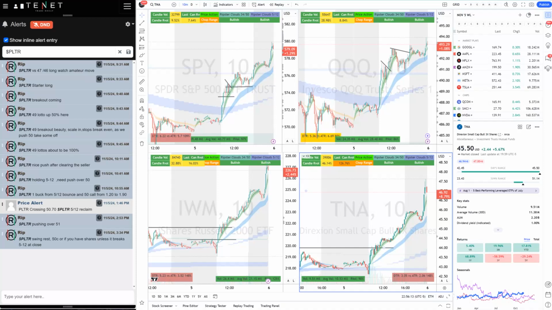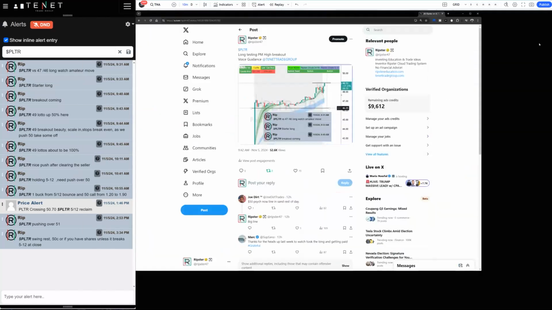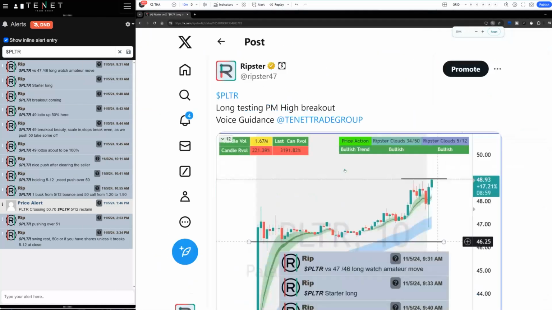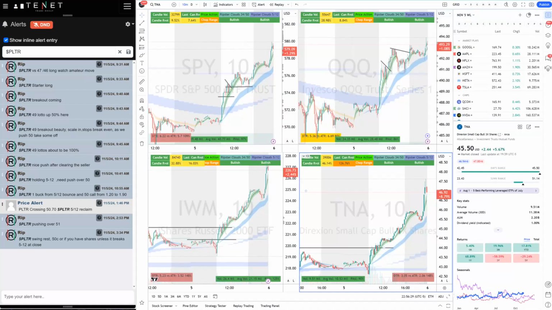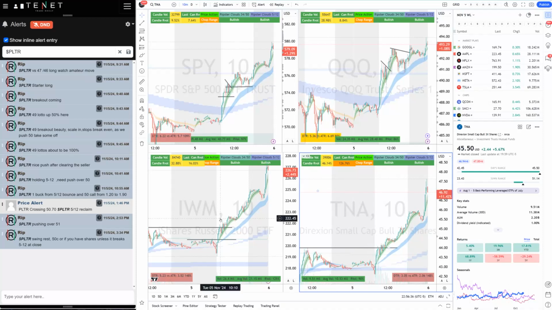There you go. So you can see that this was our PLTR setup. You can see how PLTR was setting up for the breakout. That's what I alerted on Twitter on the PLTR.